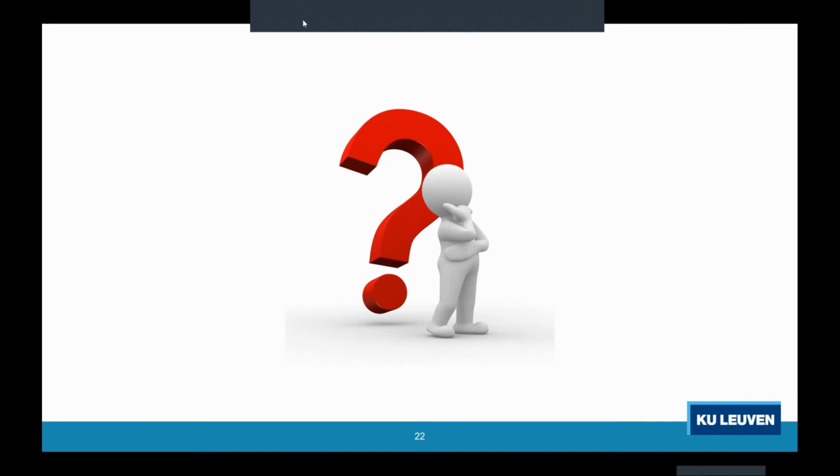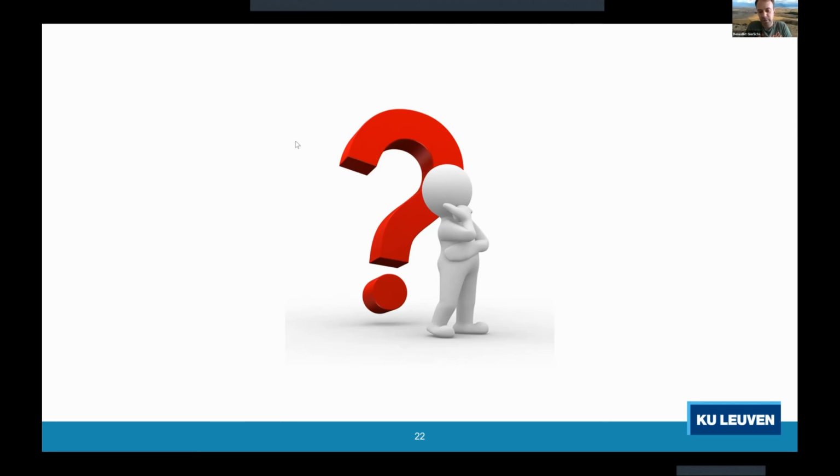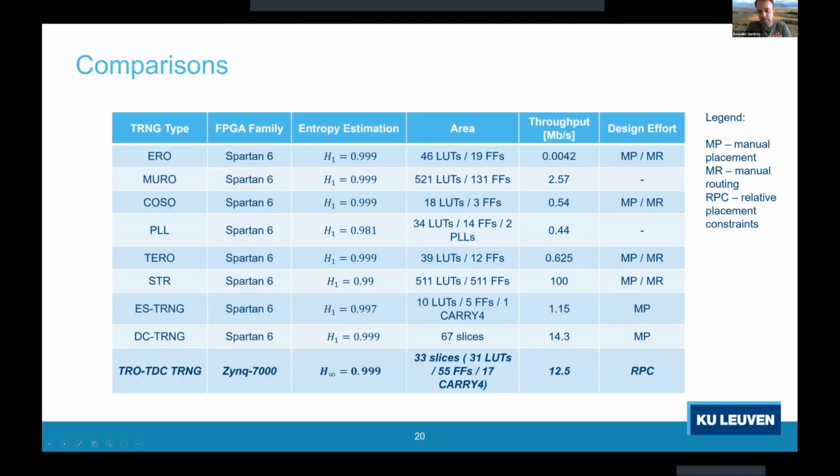Okay, I'll start. I have one. On your last slide, you have throughput as one of the important figures of merit. And I wonder how important it actually is to have a TRNG that has a high throughput.